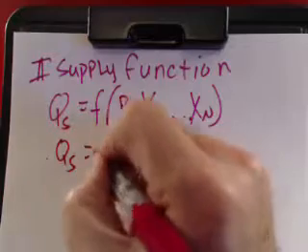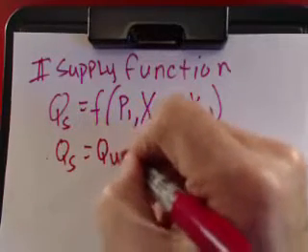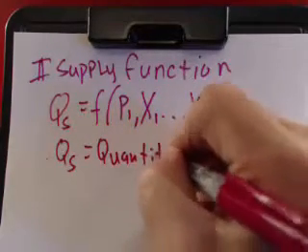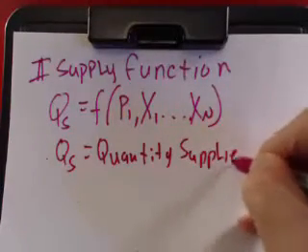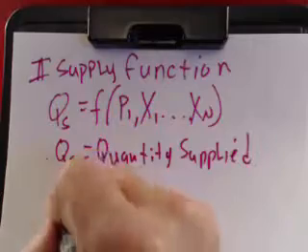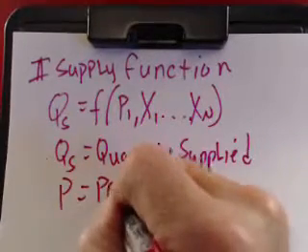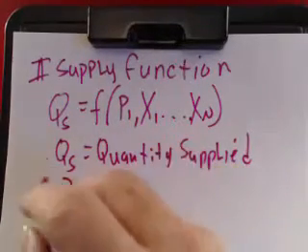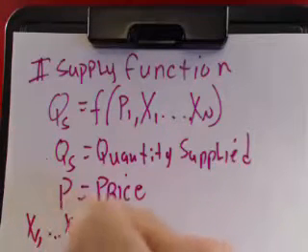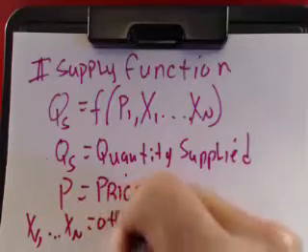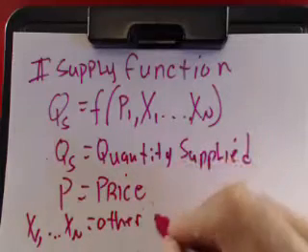Q sub S is the quantity supplied, again price, and other factors.